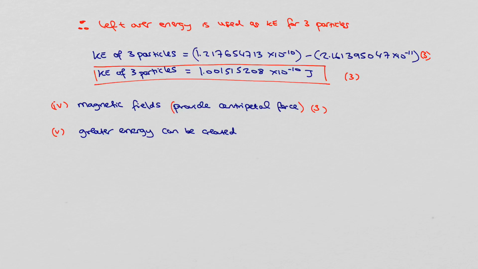Okay, you also have a longer path, and because it's a longer path, what that basically means is that it can go around continuously in one circle. So it's a longer path, whereas if you have a linear particle accelerator, you're limited to how long it can be because of how much space it's going to take up.